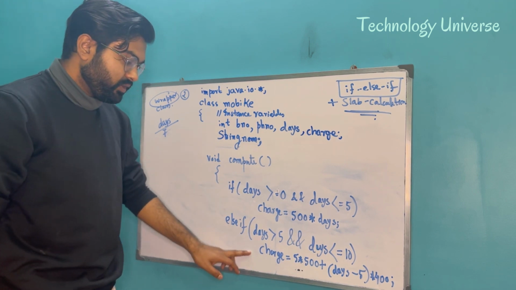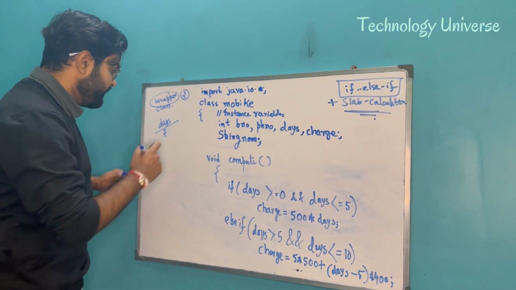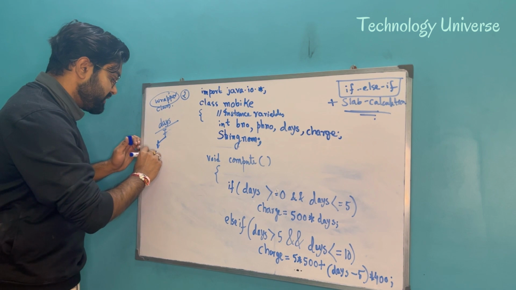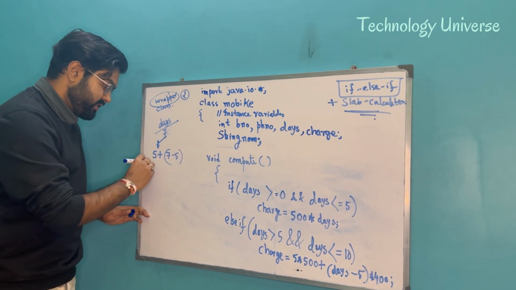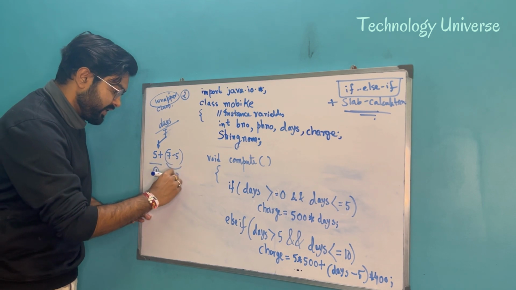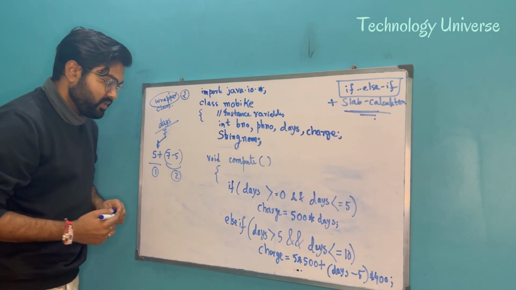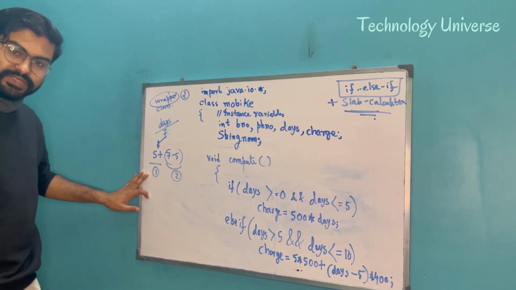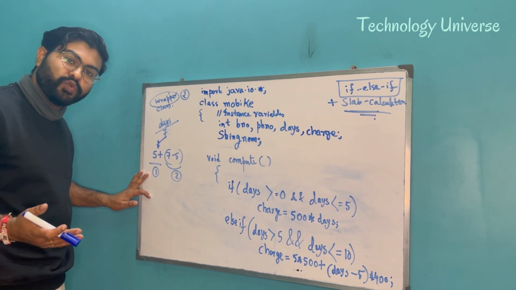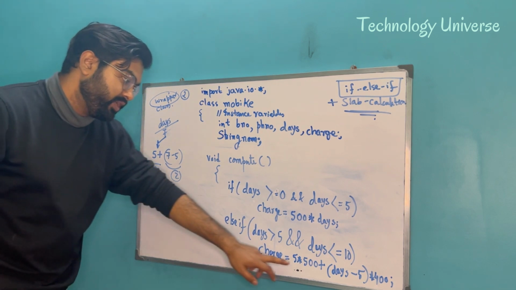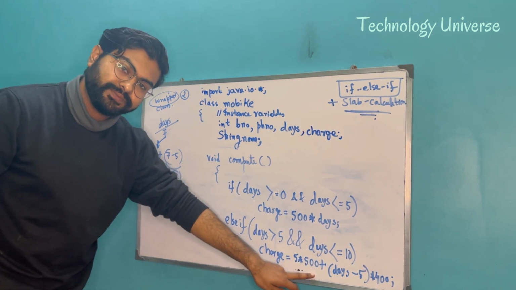So this 7 can be split into the slabs: the 5 and then 7 minus 5. This is the first slab and this is the second slab that we are writing. According to the first slab, for the first 5 days, the question mentions that the rate was 500 rupees per day, so that's why we did 5 into 500.